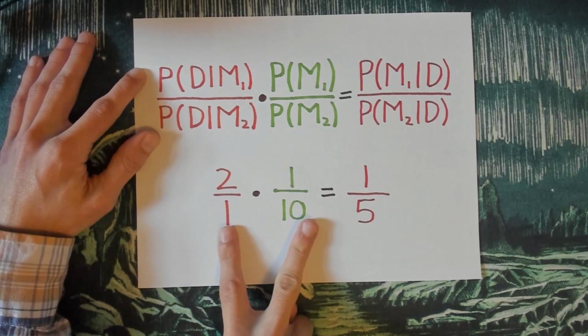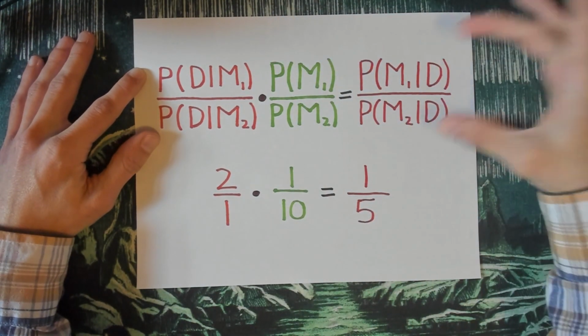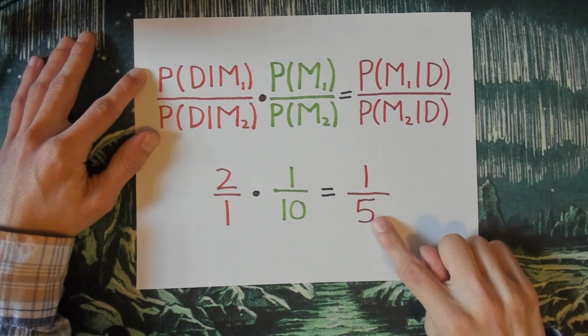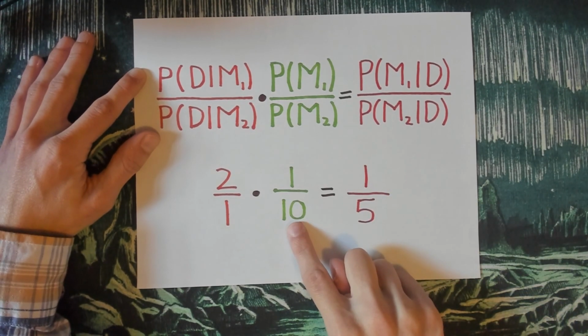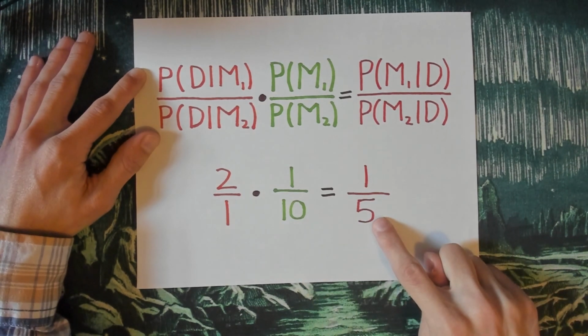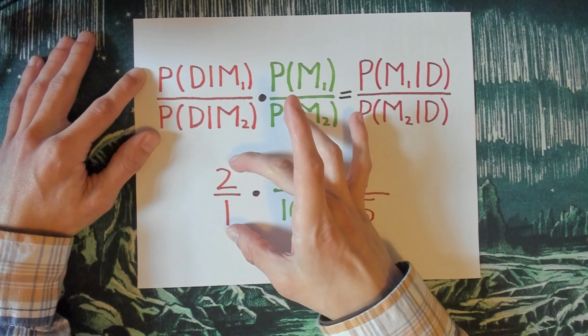So I multiply those, Bayes factor times prior odds, and I say, okay, you know what, I still think it's going to be sunny in a week. I still think model 2 is more probable than model 1, but no longer 10 times more probable, now just 5 times more probable because of this Bayes factor, because of this data.